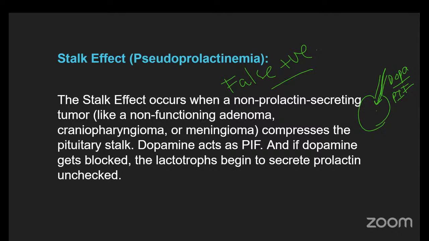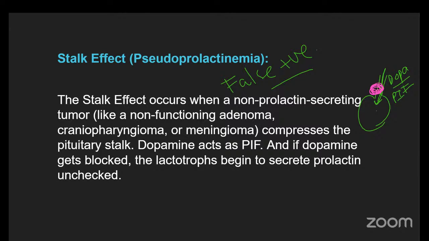If there is a lesion and it is compressing the stalk or the infundibulum, then the dopamine cannot reach the pituitary, okay? Which means that the inhibitory factor is unable to reach where it was supposed to reach. What that means is that the prolactin can get secreted unstopped. Am I clear?